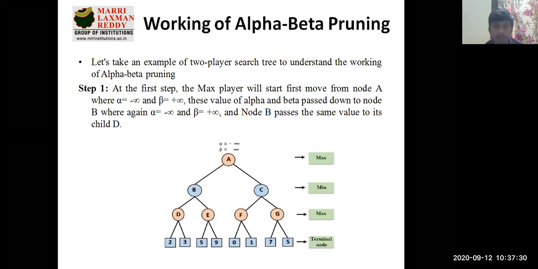The first step is that the maximum player will start the first move from node A, and go to node B or node C with respect to the working of the algorithm. Initially alpha is equal to minus infinity and beta is equal to plus infinity.